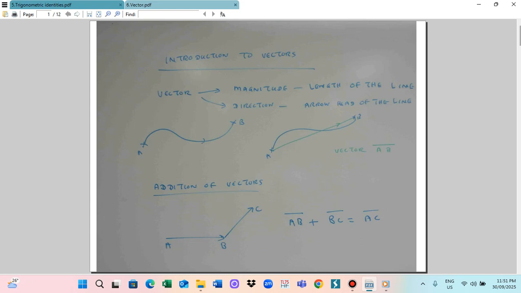So this is the shortest line from A to B. This vector quantity can be represented by the arrow and the length of the line.